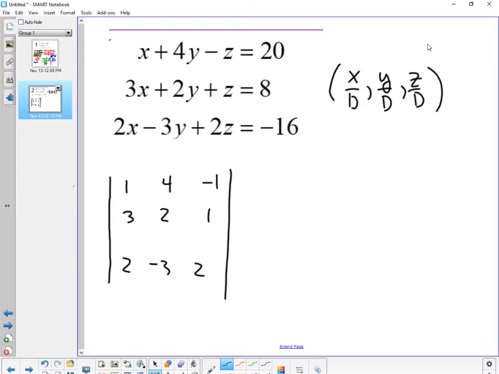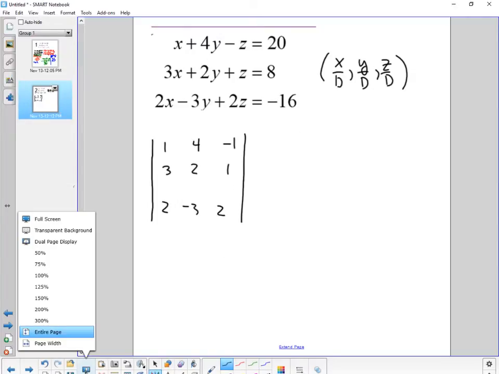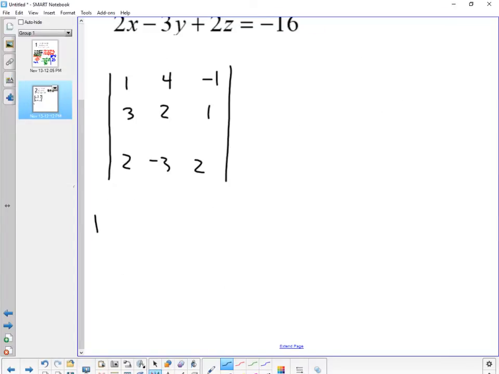We're going to find the determinant first. Remember what I did? I said this minus this. Same idea. But how do you multiply that? Well, let me show you.